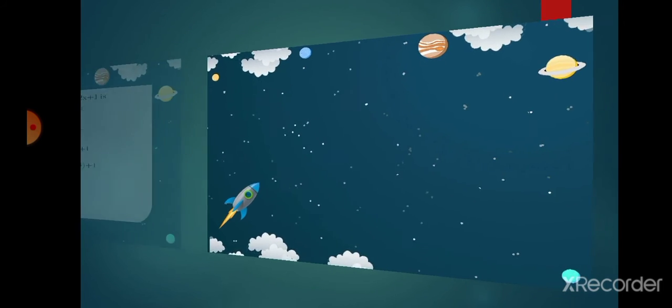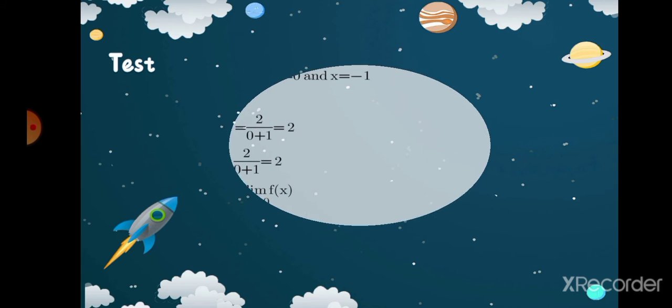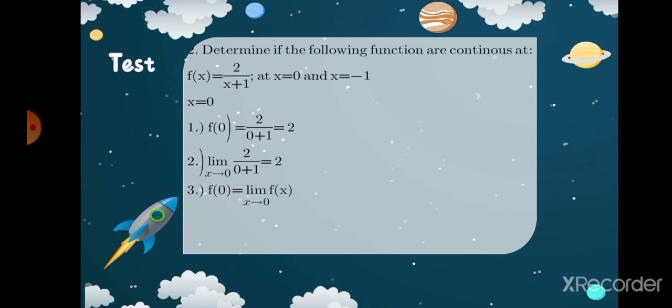So let's test another example. Determine if the function f of x equals 2 over x plus 1 is continuous at x equals 0. In this example, we will find out if our function 2 over x plus 1 is continuous when x is 0.